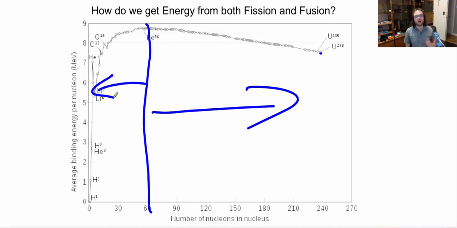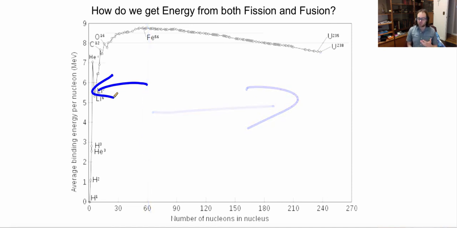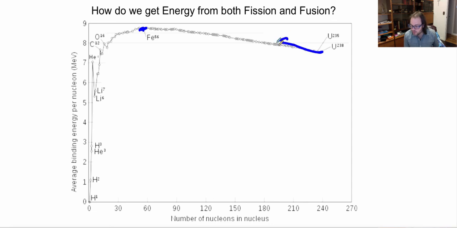My graph is a lot steeper on the fusion side, especially for the smaller atoms, which shows that more energy is given off. On the fission side, as uranium-238 moves up, we're getting more binding energy per nucleon, which means we're gaining more energy as it breaks down and wants to become stable, and iron-56 is the most stable.